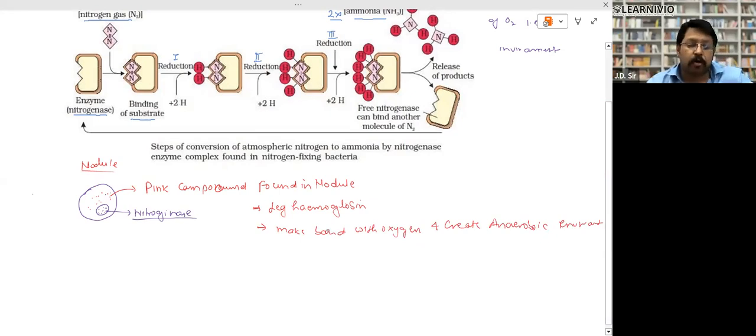So due to presence of this leg hemoglobin, this nitrogenase enzyme gets anaerobic environment, right? And this leg hemoglobin imparts pink color, right?